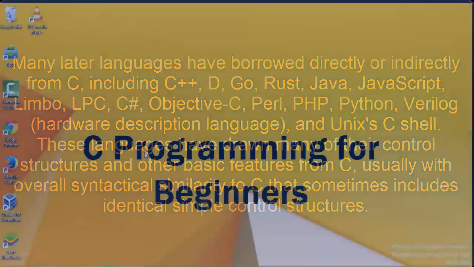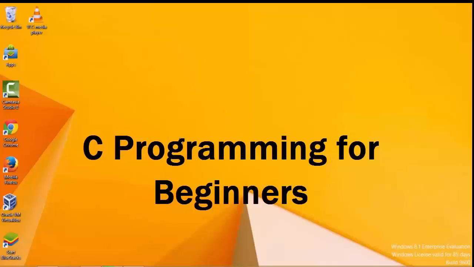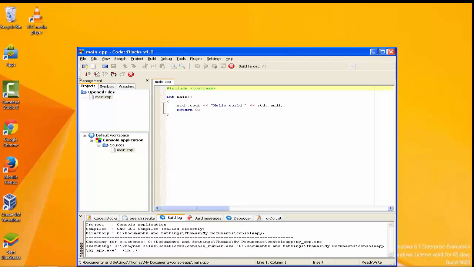Now, once this introduction is over, the second thing is what you need to program in C. There are two basic things you need. One is the editor, which helps you to write your code.